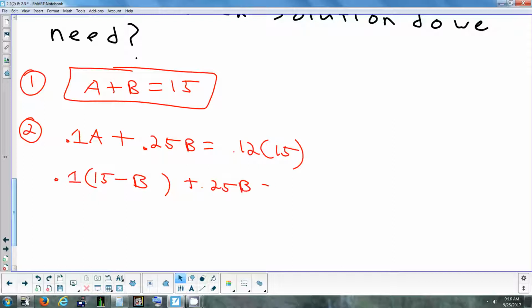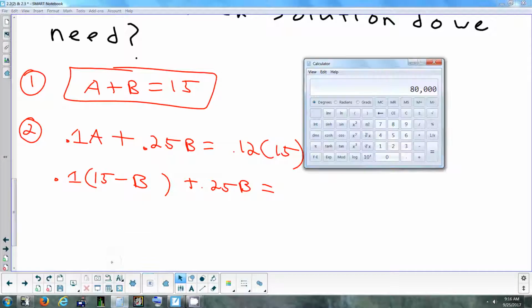Plus 0.25b. And now the right-hand side, I can just do that out. 0.12 times 15. 1.2 times 15. Right, so we get 1.8.